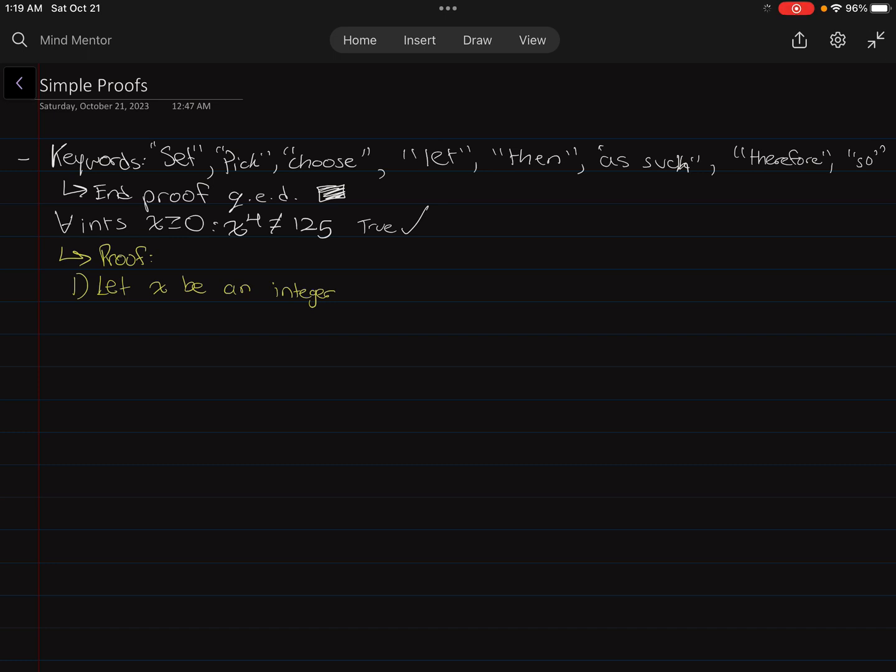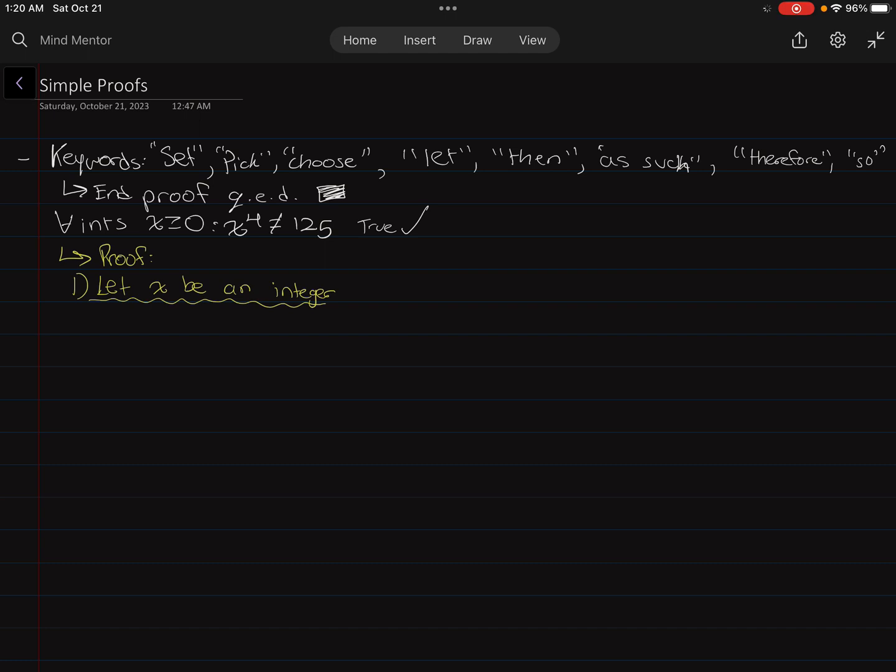In many circumstances, this may be your first line in a proof, because you want to pick an arbitrary value from the premise that is being provided to you to prove the theorem that's being given to you.